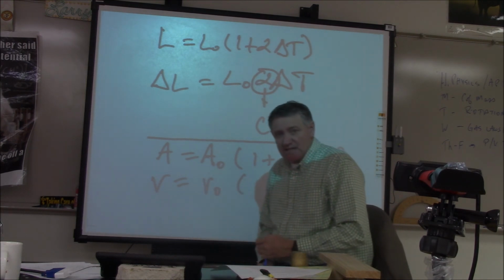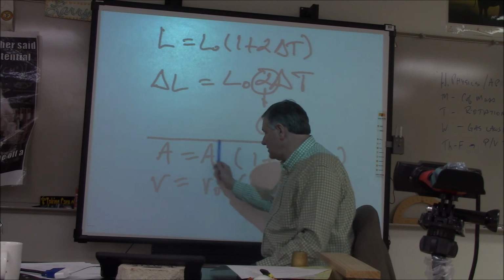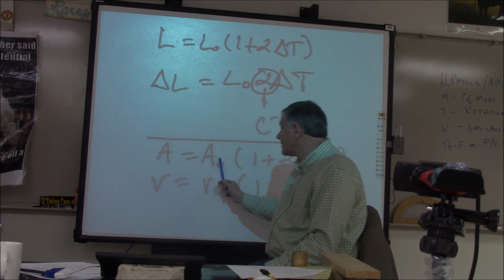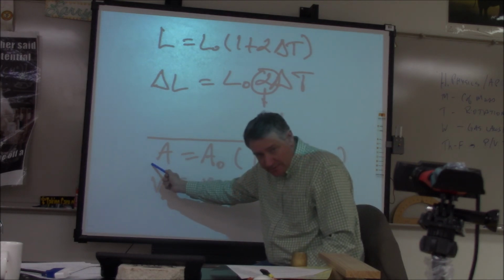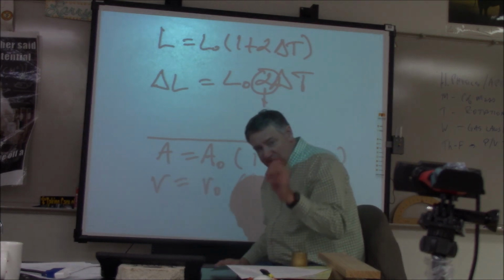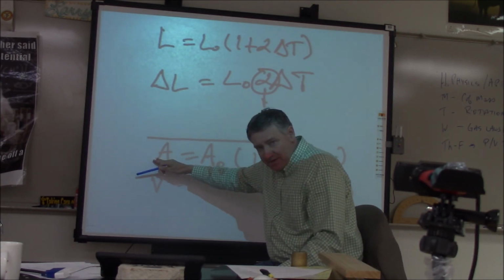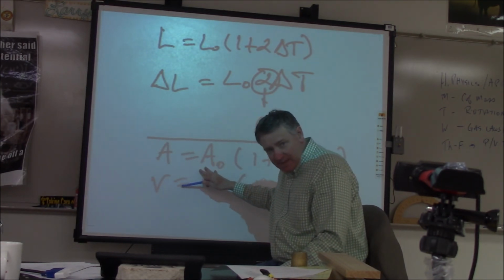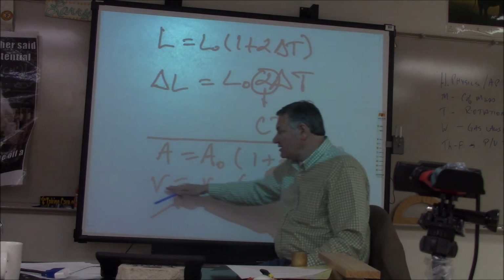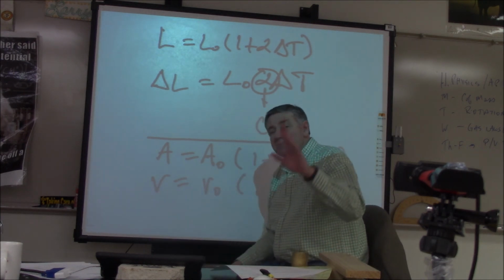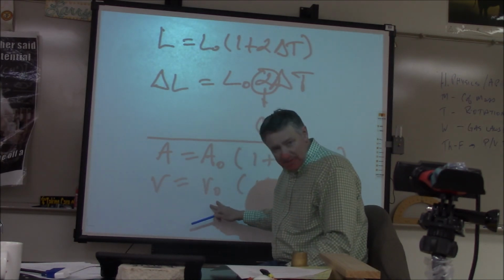If the question asks for the change in area, you'd have the initial area, then calculate this, and find the new area. Then you'd take this new area that you calculate here and subtract it from A0. The same thing is true of volume. This calculation gets you the new volume. If it asks for the change in volume, you've got to take this answer and subtract that from V0.